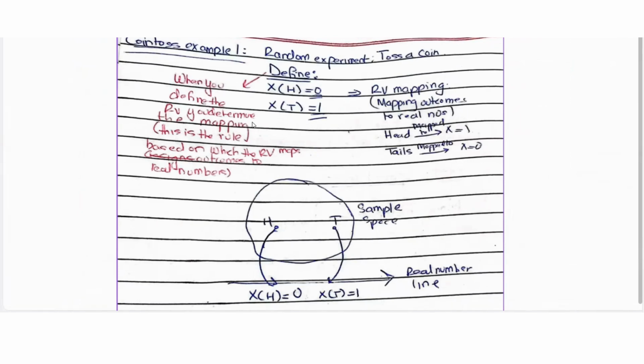This is the rule based upon which the random variable is going to map outcomes to real numbers. Here the mapping that we've defined is that head in the sample space maps to 0 and tail in the sample space maps to 1 by the random variable x. So like I said, it's a function that maps outcomes in the sample space, in this case head and tail, to real numbers, where head is mapped to 0 and tail is mapped to 1.